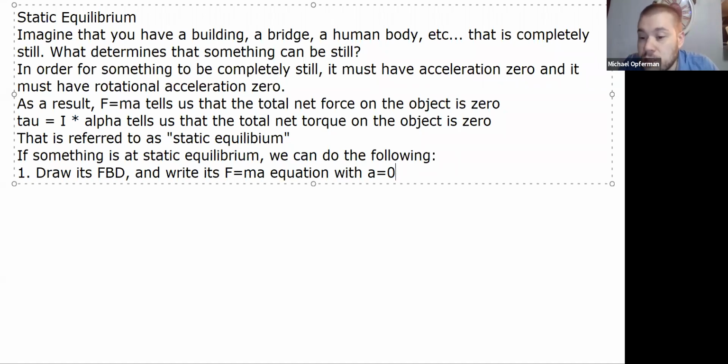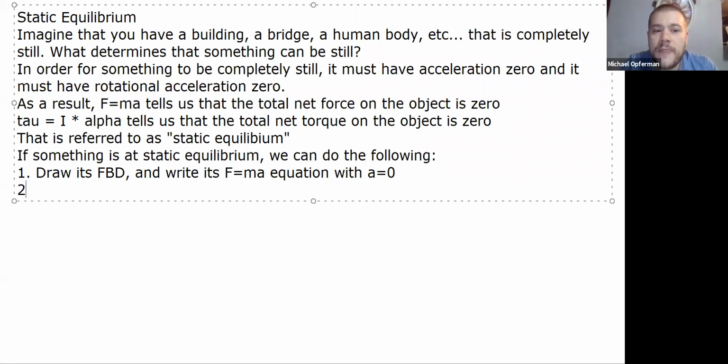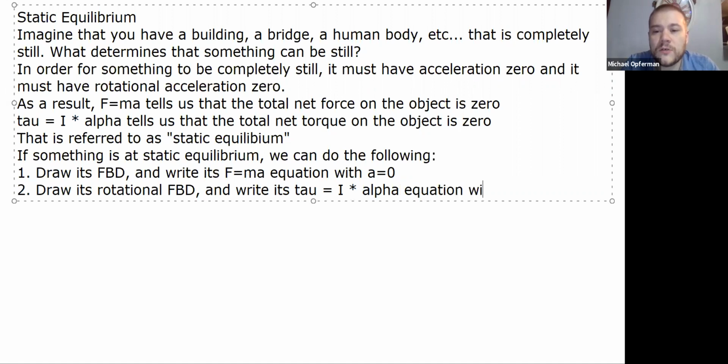So basically we can sum up all the forces on the object and say that's equal to 0. And then number two, we can also draw its rotational FBD with all the forces in the correct locations and write its tau equals I alpha equation with alpha equals 0. And that must also be true.